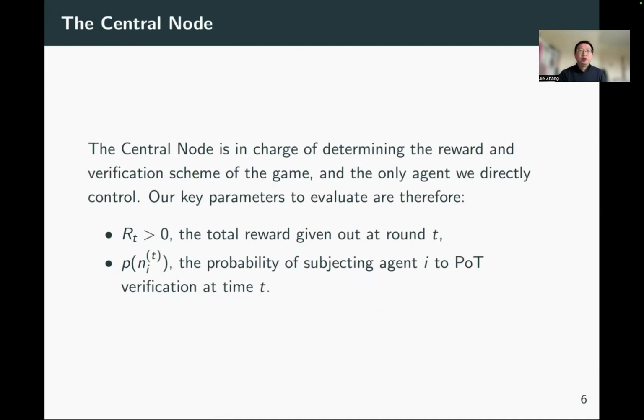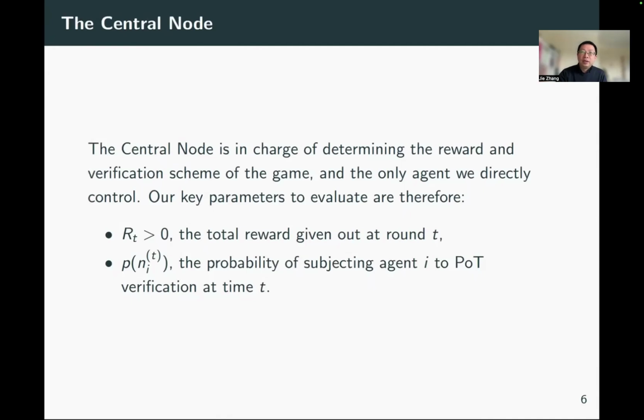This gives us the parameter r of t, which is the total reward given out at round t. This has to be greater than 0. And we also have our probability function p, which is the probability of subjecting agent i to proof of training verification at time t. And you can see this probability function takes in the amount of data that agent is training as a parameter.